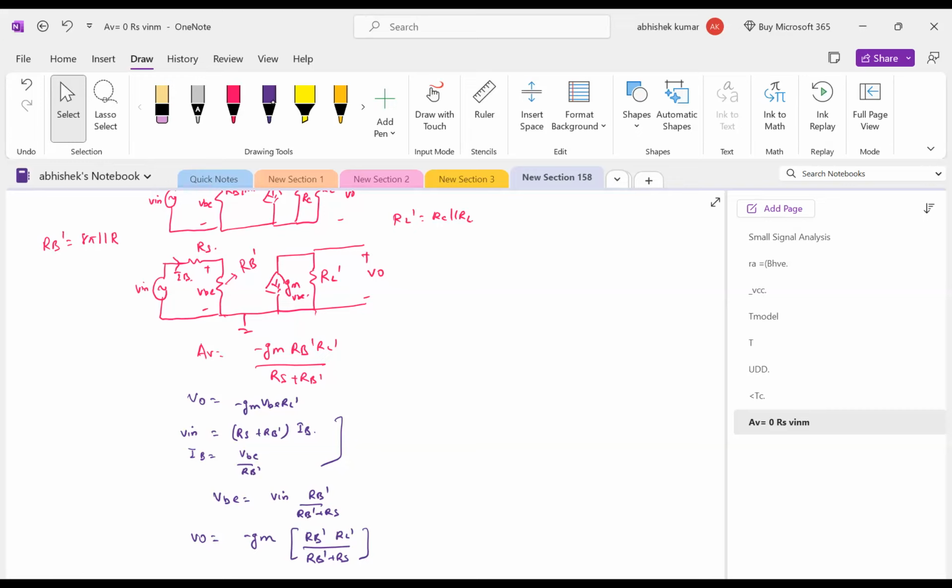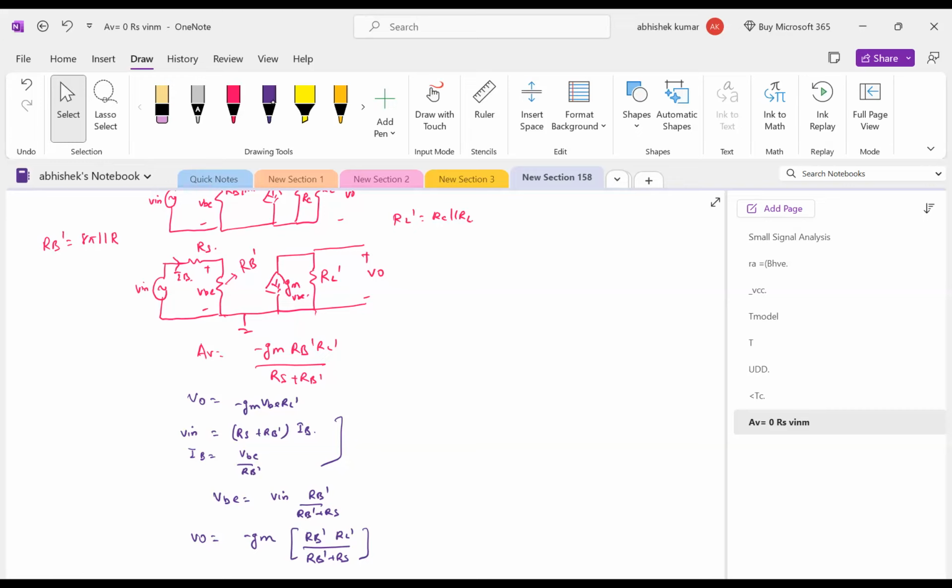And this is I input, sorry. Can I tell that I output using current division? I RC plus gm VB divided by RL, no, sorry.